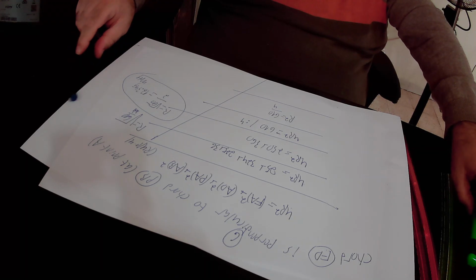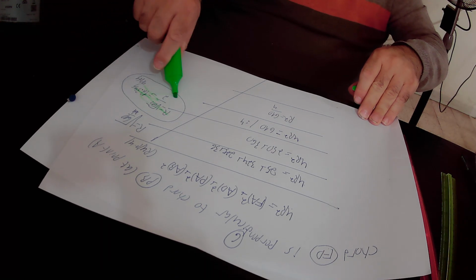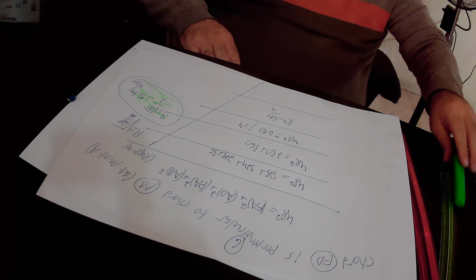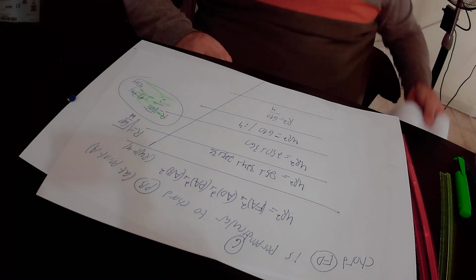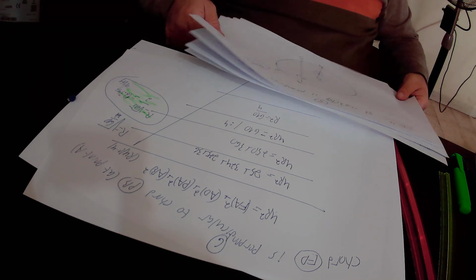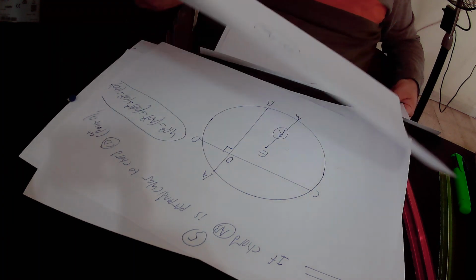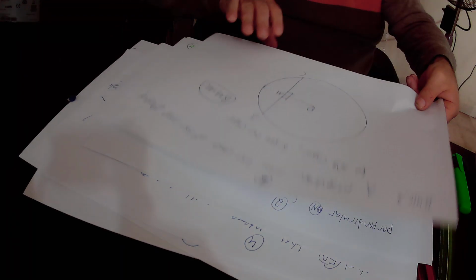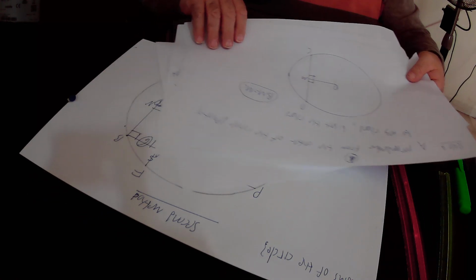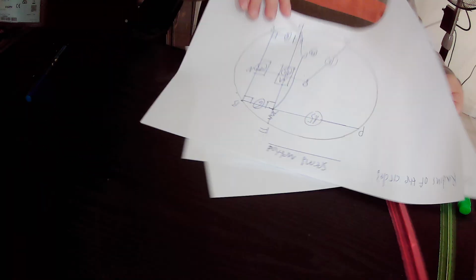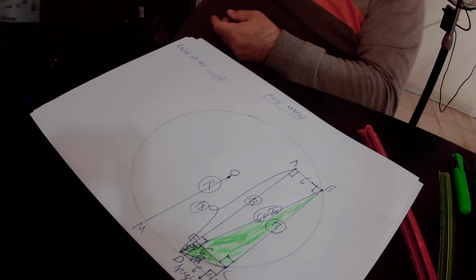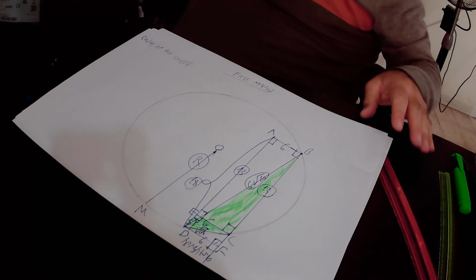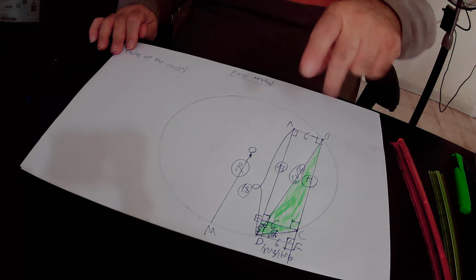In the next step, we'll summarize the lecture. We start with the first method. In the drawing we have a circle.